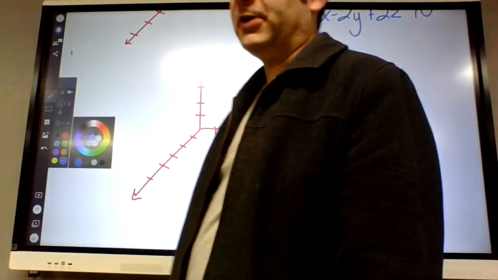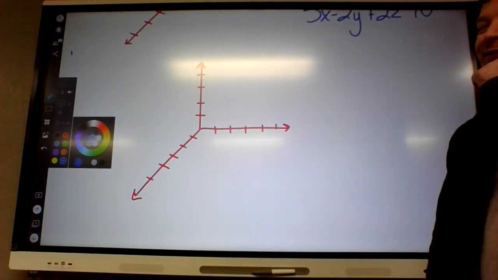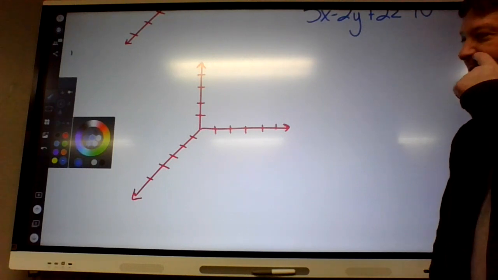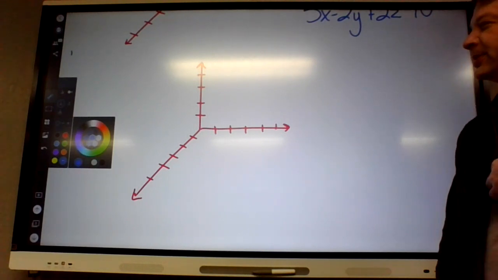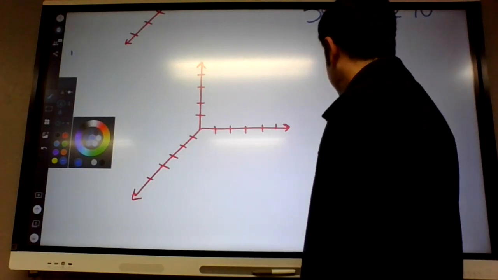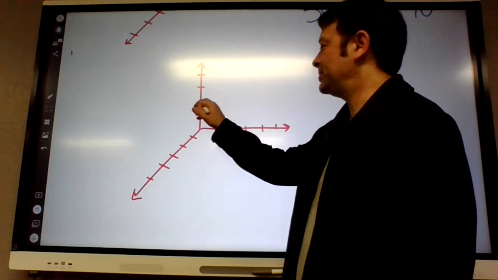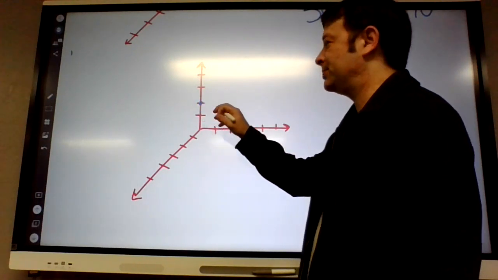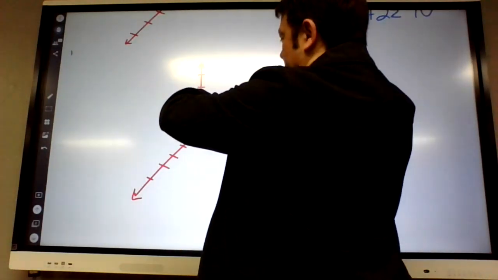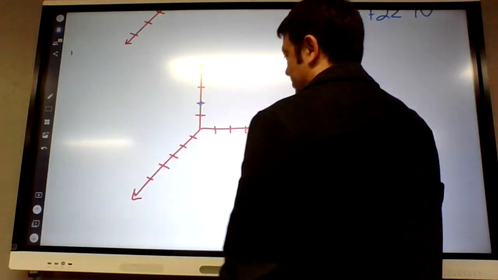Okay, so for number 5, it just says z equals 2. So where does z equal 2 at? Go up to 2, but not just right there on the axis. Z equals 2. It's like a horizontal plane, infinite. How are we going to draw it?